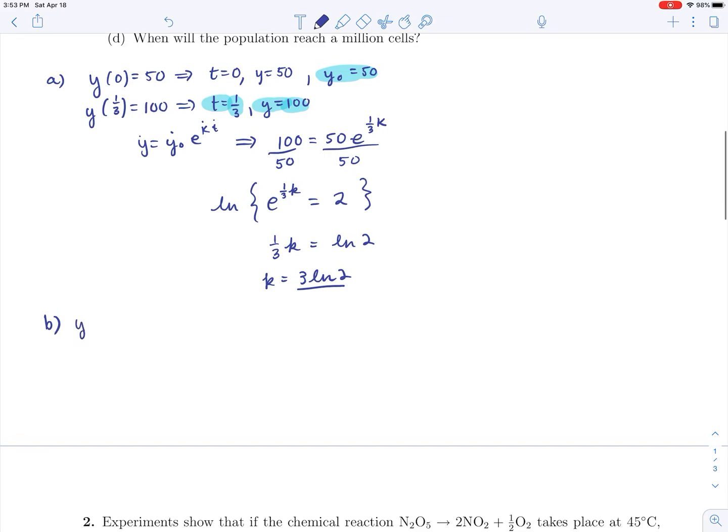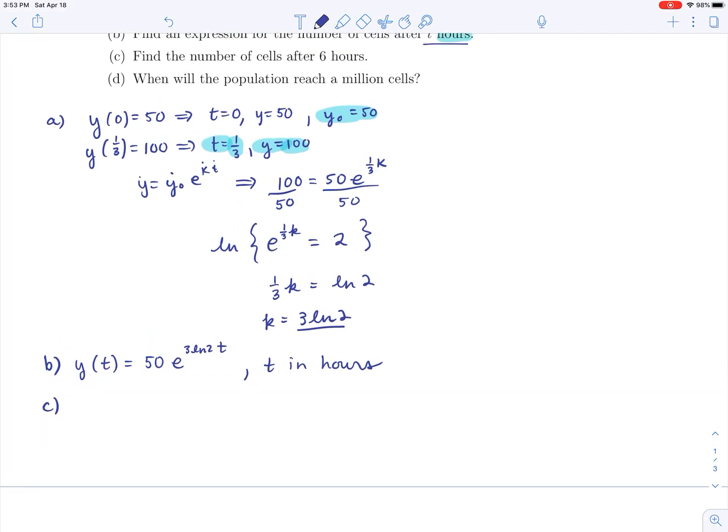So we're going to have y of t equals y naught, which we know is 50, e to the kt, and k is 3 ln 2 times t, and t is in hours. Part C, find the number of cells after 6 hours. That's just y of 6. And y of 6 ends up being 13,107,200.